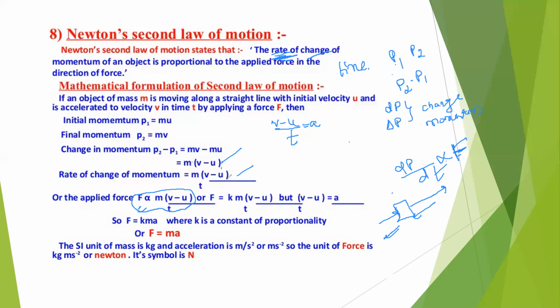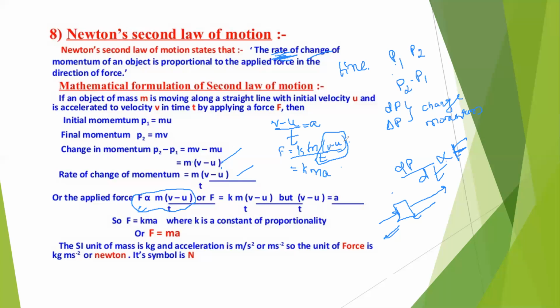In the previous step, F is equal to k m into bracket v minus u, whole divided by t. It is in multiplication, so the part v minus u divided by t we can write as a, the rate of change of velocity. Therefore, we come across the point that F is equal to k into m into a.